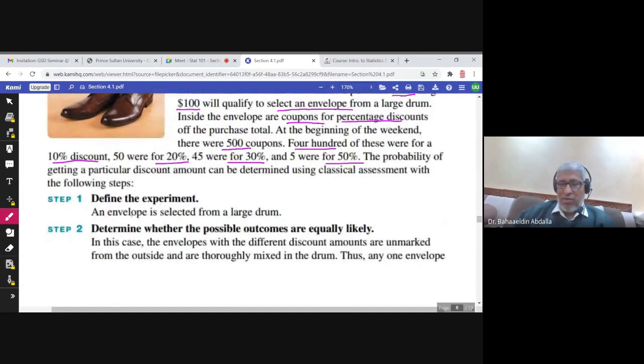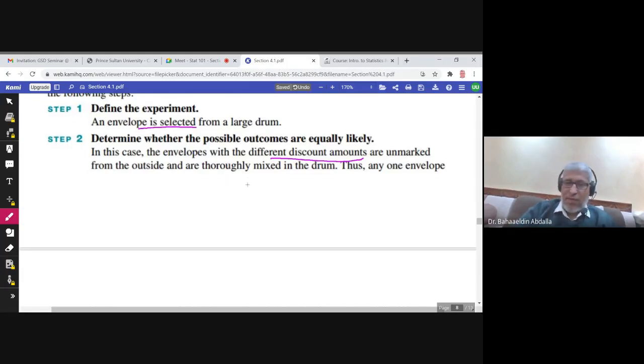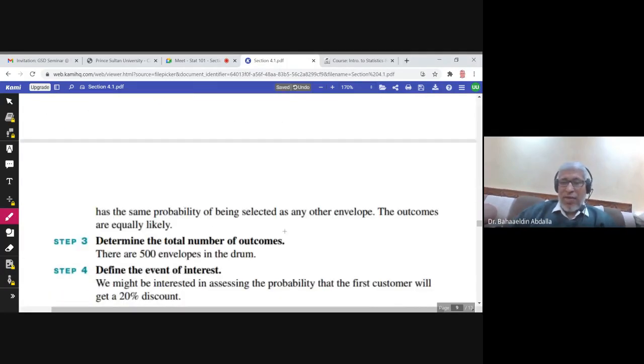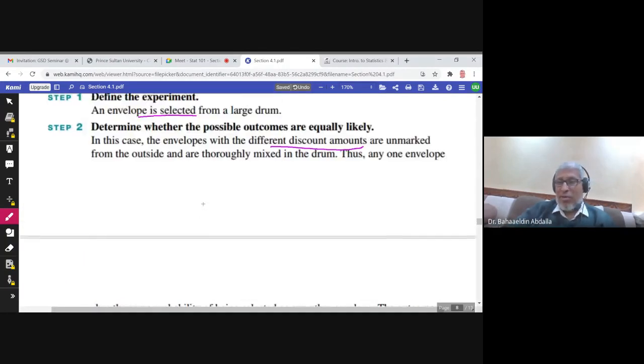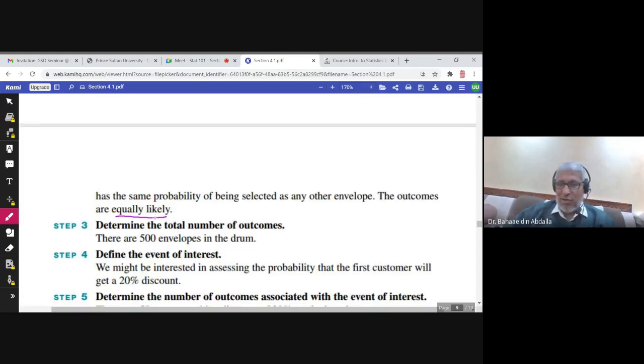We select an envelope from a large drum. Each envelope has a different discount amount, some of them the same, and they are mixed in the drum. So each envelope has the same probability to be picked as the other envelopes. All the 500 envelopes have the same probability, so this experiment is equally likely.